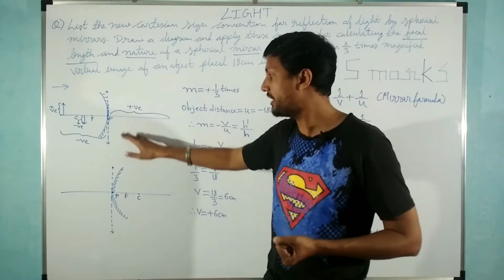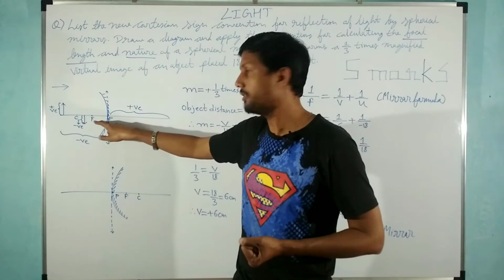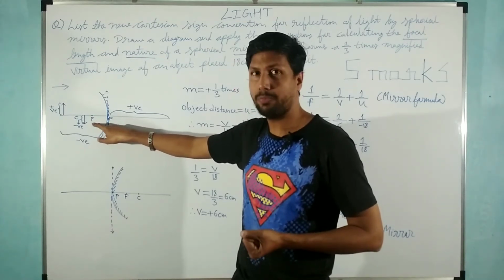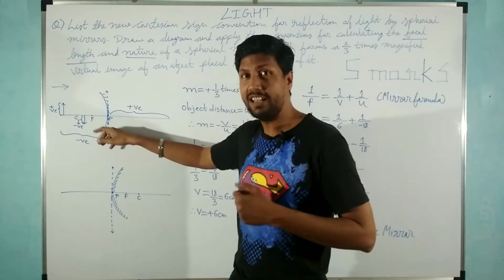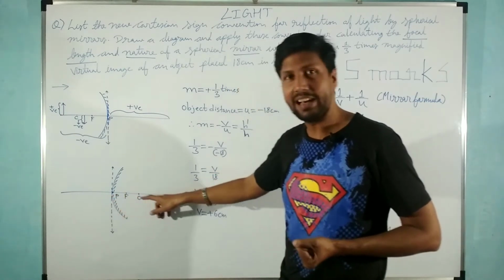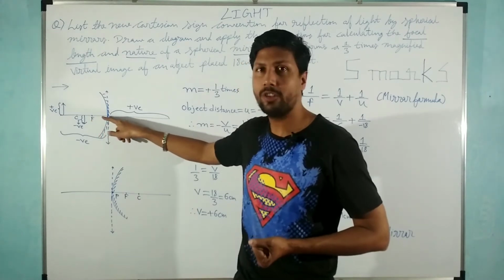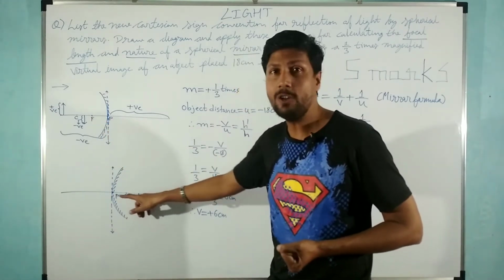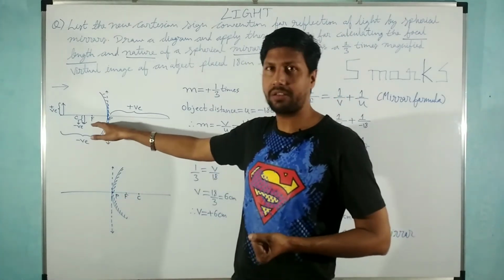You can observe here clearly that the focus point, that is this point, is at the left of the pole, whereas in this case the focus is at the right side of the pole. So in this case the focal length will be measured on the x dash axis, whereas in this case the focal length will be measured along the x axis, that is positive x axis, and here negative x axis.